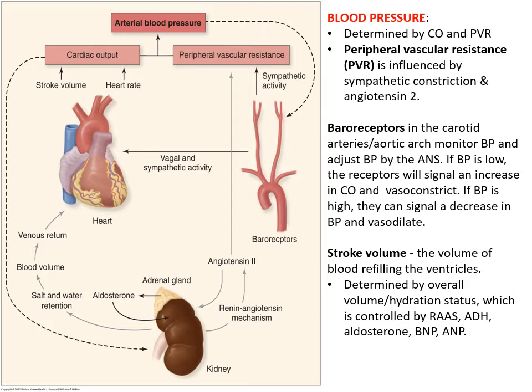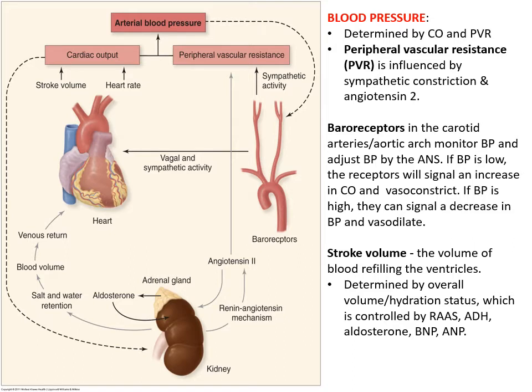So if the pressure is low, there's going to be a signal sent to the sympathetic system to vasoconstrict all these different arterial beds all over the body, whether it's the legs, the intestines, the kidneys. Let's keep the blood pressure up.